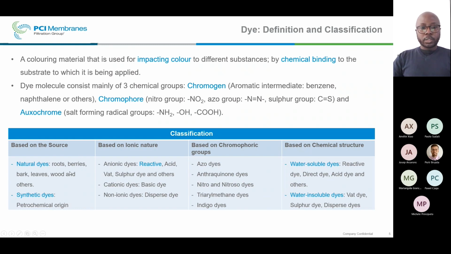I'll be talking about the source of dye. As we all know, dye could be produced either chemically, which is what we call synthetic dye, or dye could also be available in nature, natural dye. So before I move into the classification, I'll be talking about what makes up the dye molecule itself. This is mainly consisting of three chemical groups.